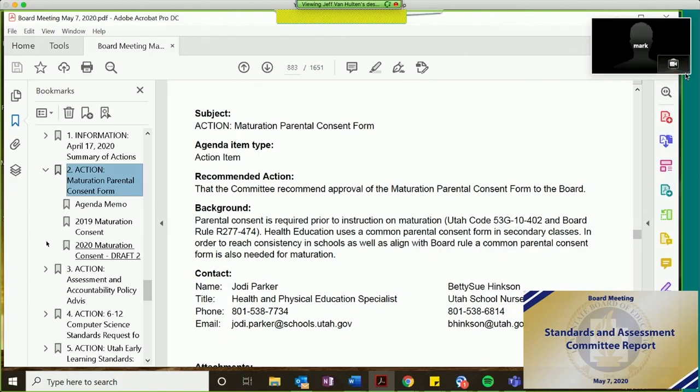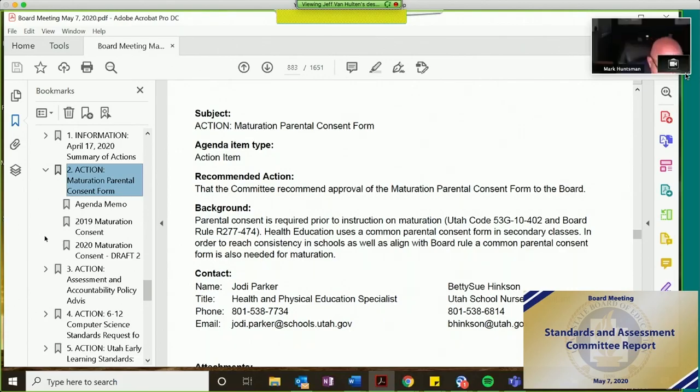Okay, so the motion. Chair Huntsman, the difference in what we're seeing on the screen is the recommended action for committee, and what Chair Gravitt is reading is the committee report. Okay, I'm trying to get my other screen up.